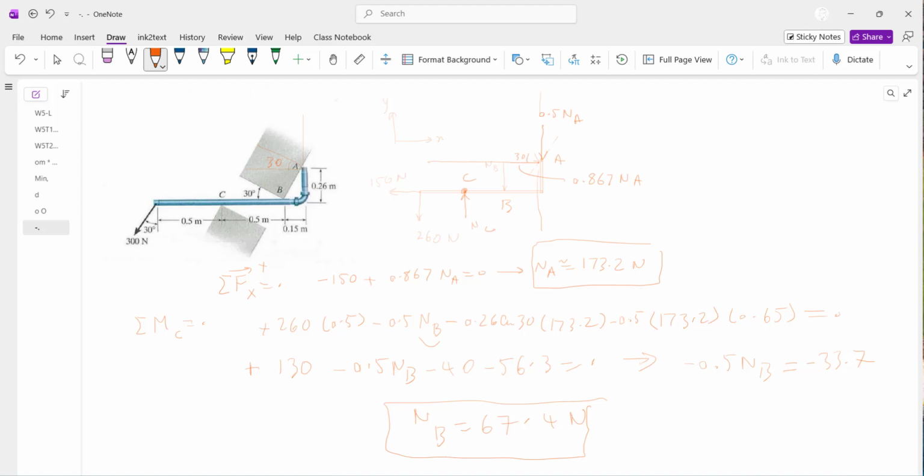So to find NC, the condition we apply is net forces in y direction equal to 0, that being positive.